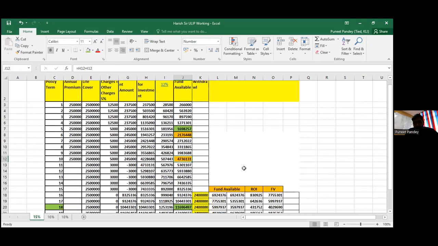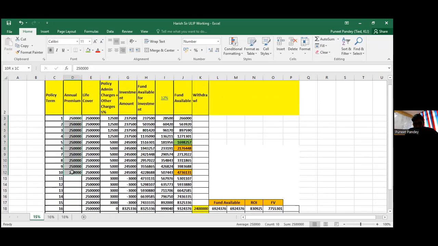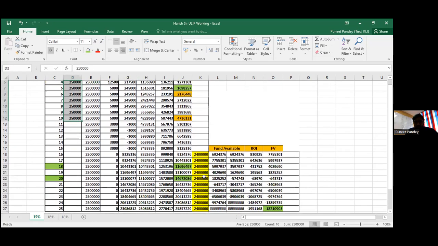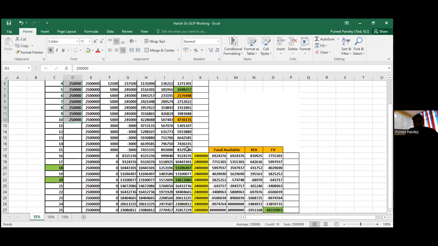If somebody pays for 10 years and waits for another 5 years, his fund will grow to 83 lakh rupees. 25 lakh rupees will become 83 lakh rupees, which is more than 3 times in just 15 years, and that too tax free. So every 5 years it is getting double.